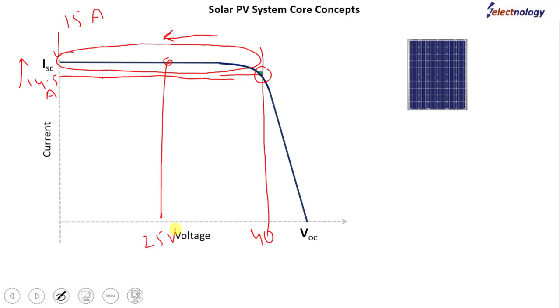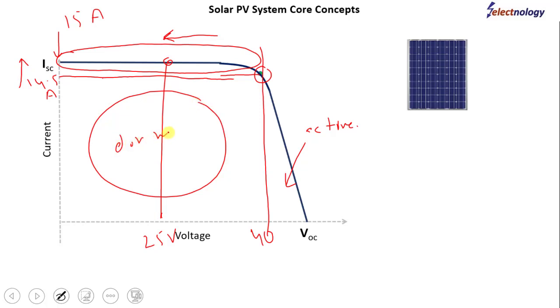So in this graph, the relationship between voltage and current can be divided into two portions. This portion you can say is the more active, or more dominant portion, while this portion is the dormant portion, where the relationship between voltage and current is not a reverse or direct relationship.